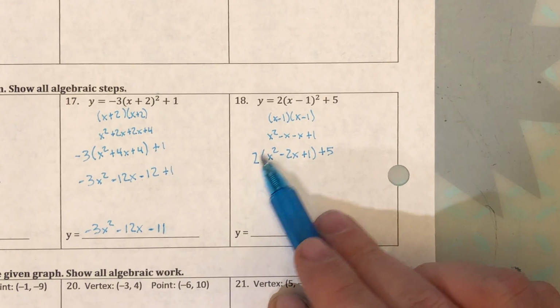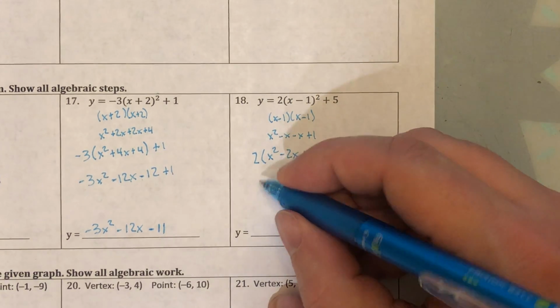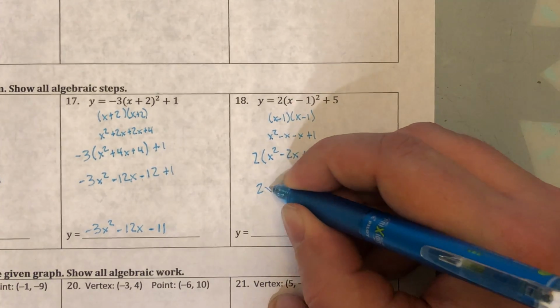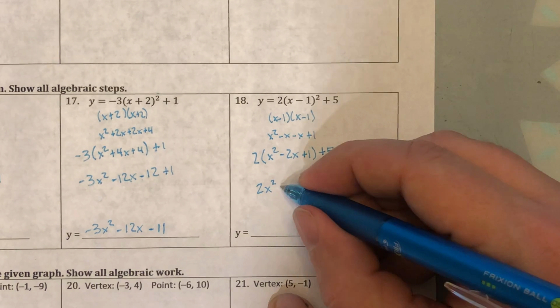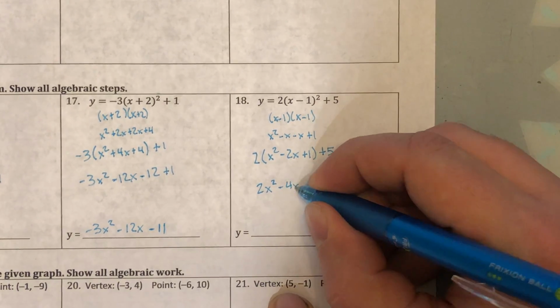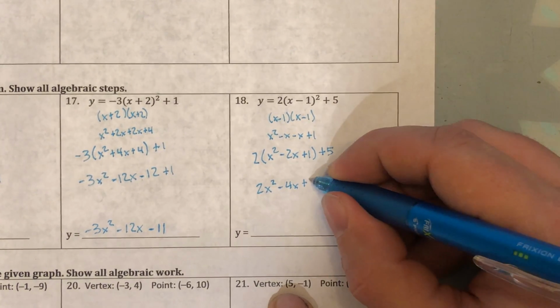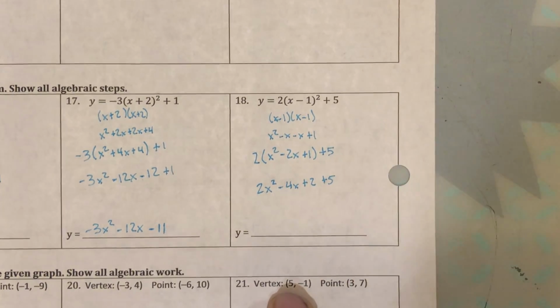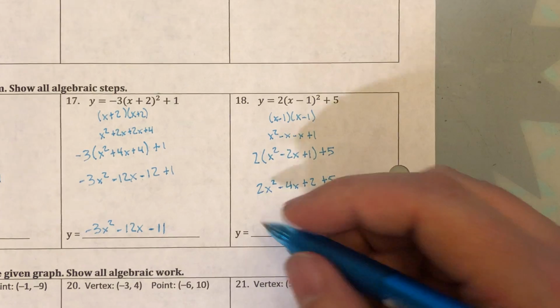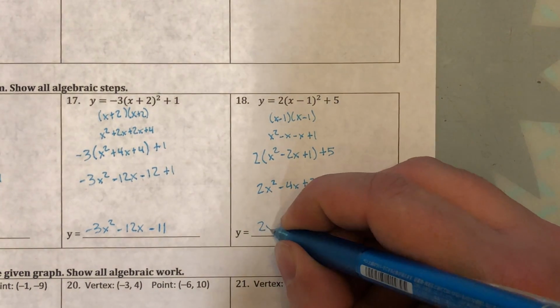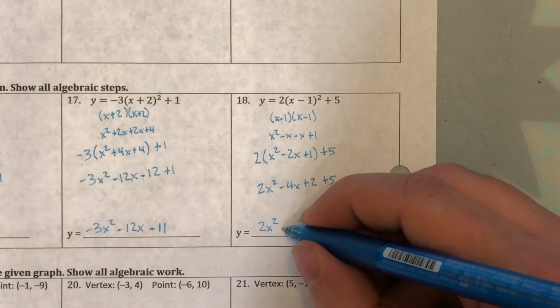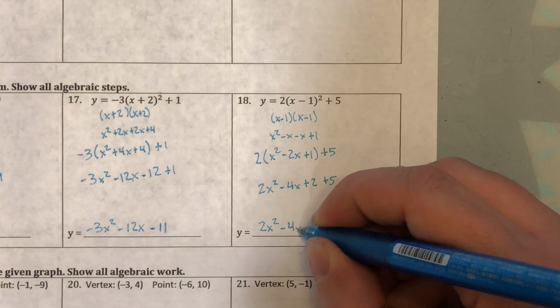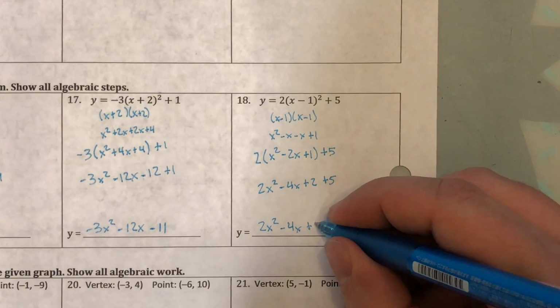Next, I need to distribute that 2 to all parts in the parentheses, so it is 2x squared minus 4x plus 2, and I bring that plus 5 with it. So y equals 2x squared minus 4x plus 7.